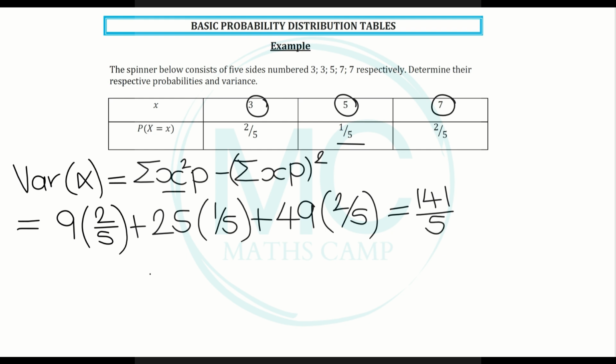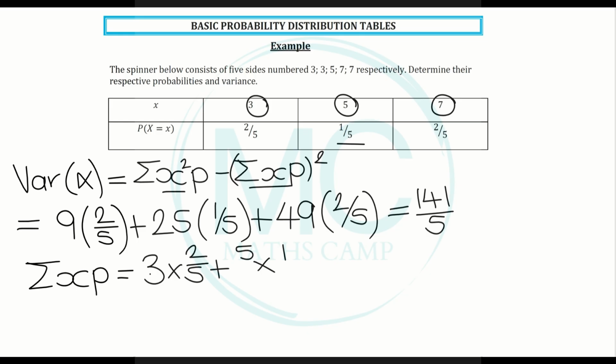But I still need (sigma xp) squared. So let's find sigma xp. All we need to do is multiply our x terms by the respective probabilities. So I have 3 multiplied by 2 over 5 plus 5 multiplied by 1 over 5 plus 7 multiplied by 2 over 5.